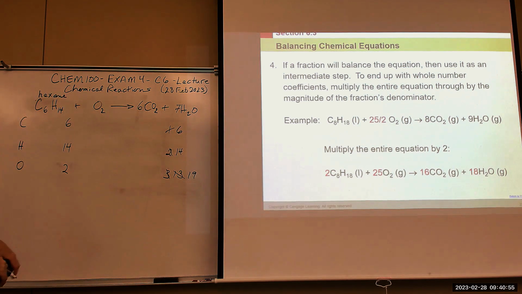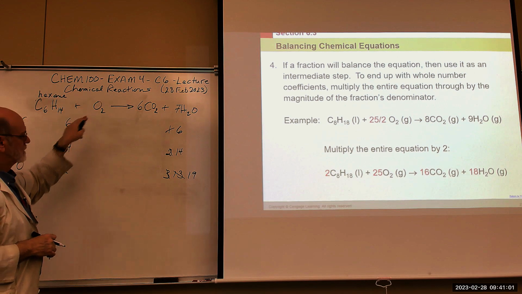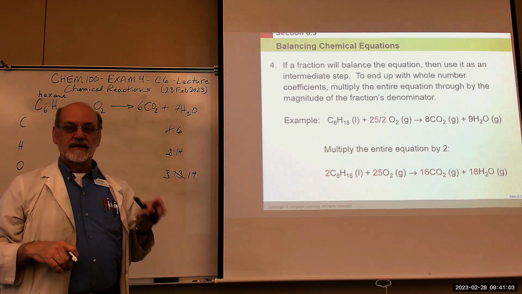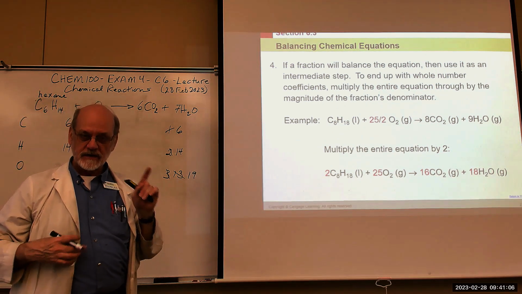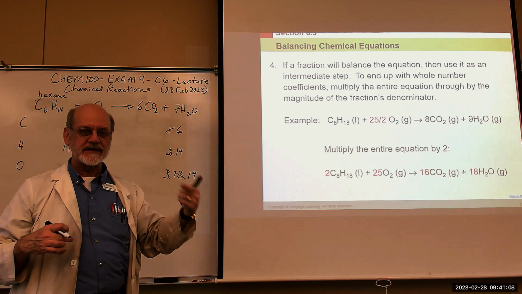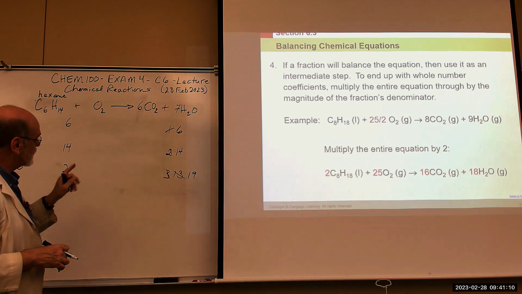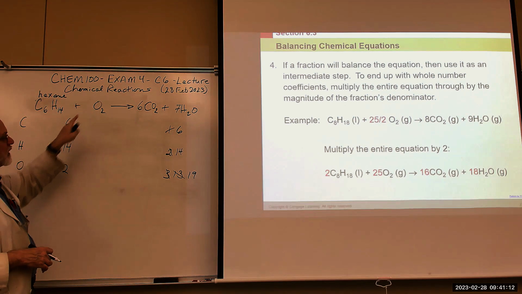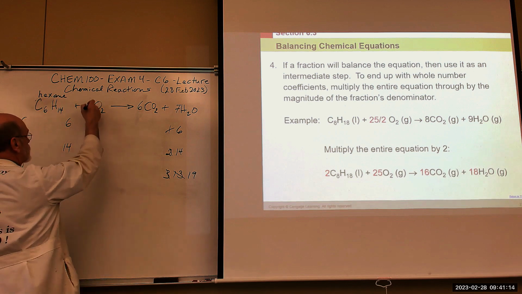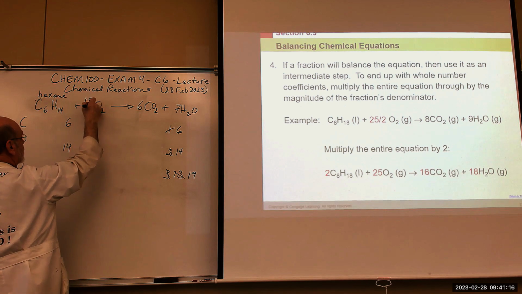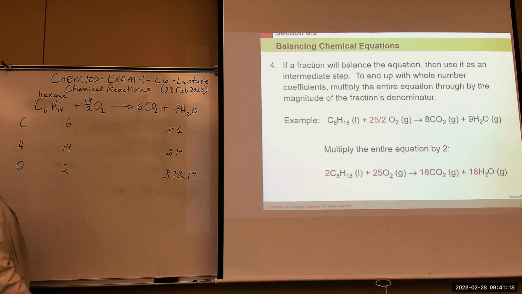Yeah. Okay. Now we've got this one balanced, this one balanced. How do we balance the oxygens? There's our next trick. Use a fraction as an intermediate step. You need 19 oxygens and they only occur in one place. So I'm going to use 19 halves.